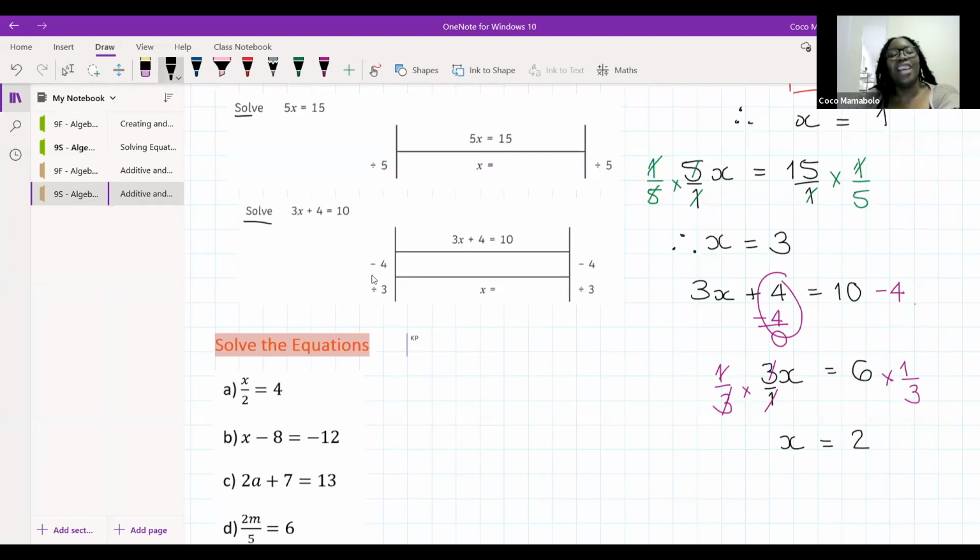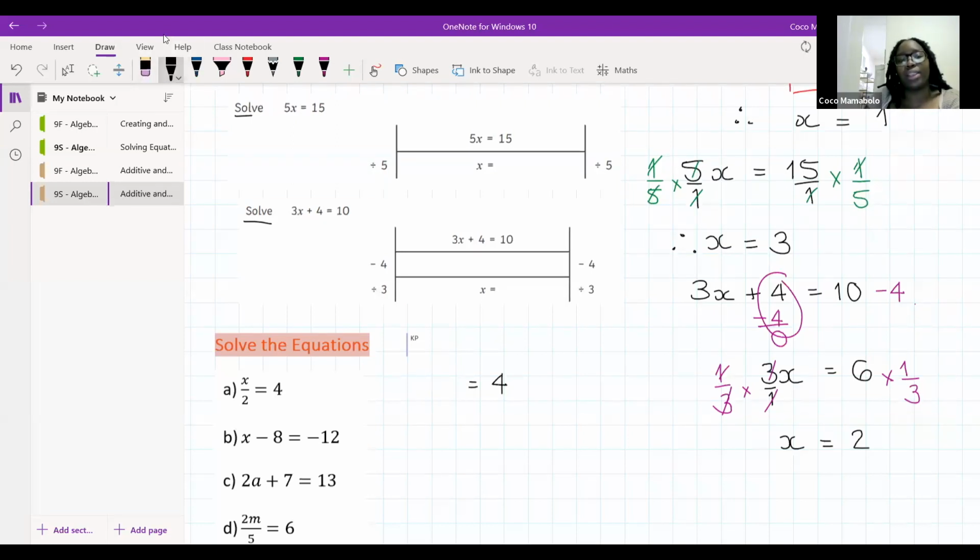Okay, all right. Do you want to answer this next question with me or do you have a question? I wanted to answer the next question. Excellent. All right. So this next question says x over 2 is equal to 4. Now, what I want to do is take x over 2 and rewrite it the way that it normally is written, as a fraction.